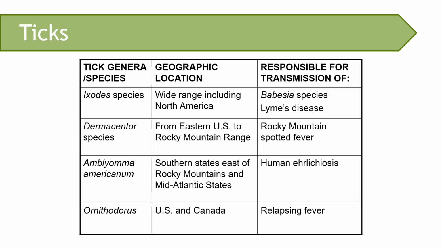For example, Ixodes species, which are hard ticks, transmit Babesia and Lyme disease. Dermacentor species transmit Rocky Mountain spotted fever.